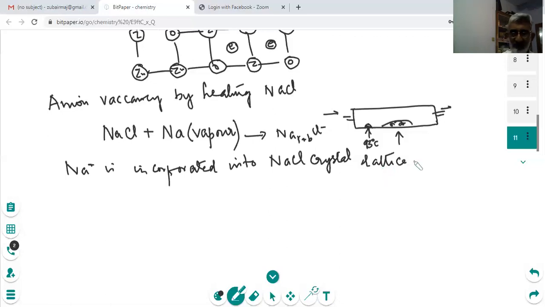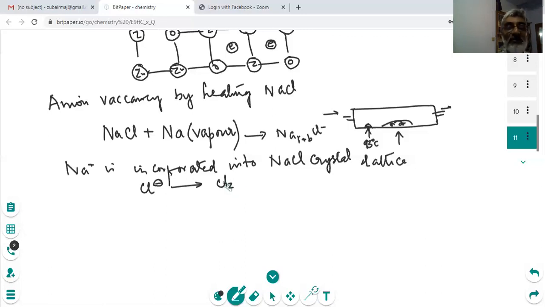Now how does this happen? Sodium will get incorporated into this, and probably a couple of Cl minus will leave as Cl2 gas.